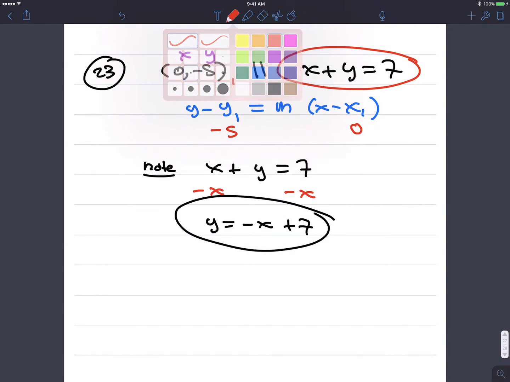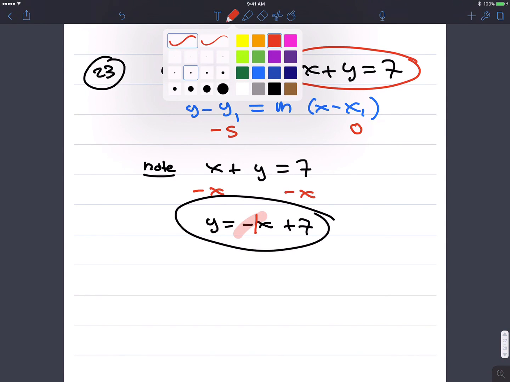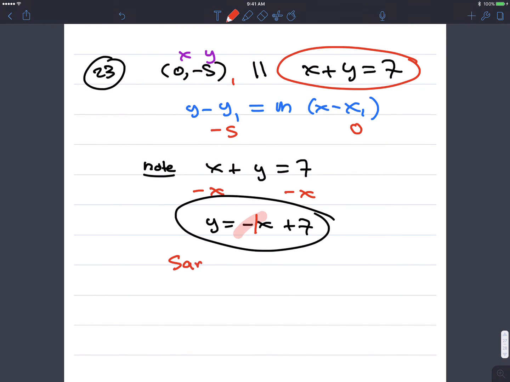Where my slope value here is -1. Now, this is going to be important because remember, parallel lines have the same slope. M1 is the same as M2. So this value is -1.